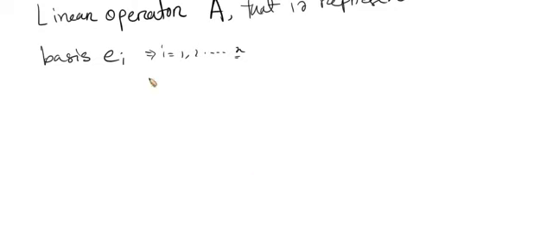The reason why I'm saying this linear operator is represented in this basis is because, recall, our matrix elements are basis dependent. So that's why I'm first considering a basis e_i, and what I'm going to do now is use a similarity transformation to define a new basis.